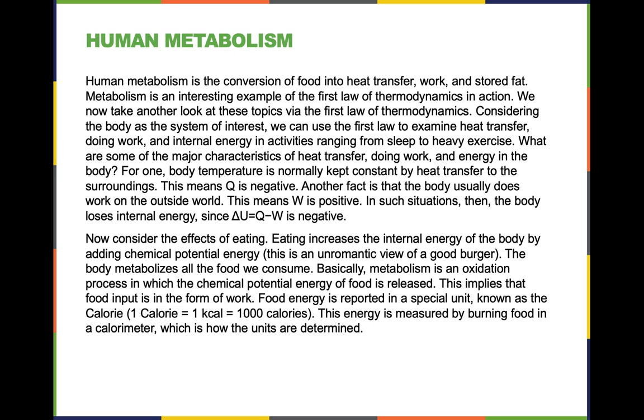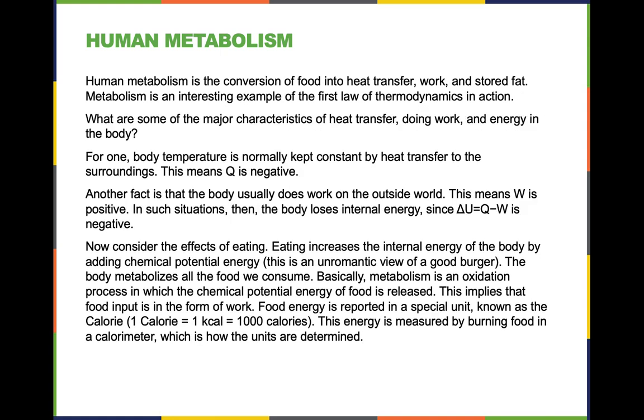Food energy is reported in a special unit known as the calorie, and we've gone over that in the last chapter. This energy is measured by burning food in a calorimeter, which is how the units are determined. Human metabolism is a conversion of food into heat transfer, work, and stored fat.